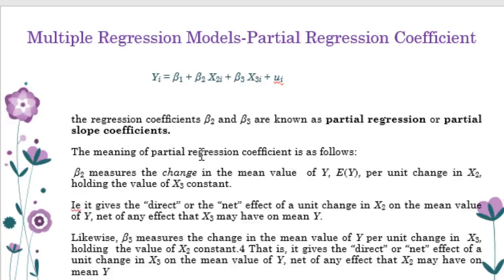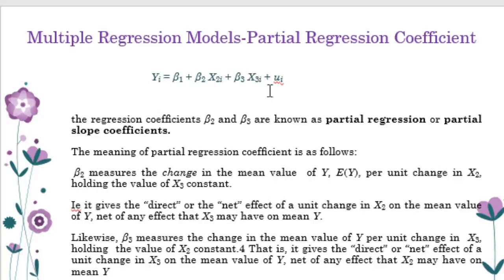What is the meaning of this partial regression coefficient? Beta 2 measures the change in the mean value of y per unit change in x2i, holding x3i constant.